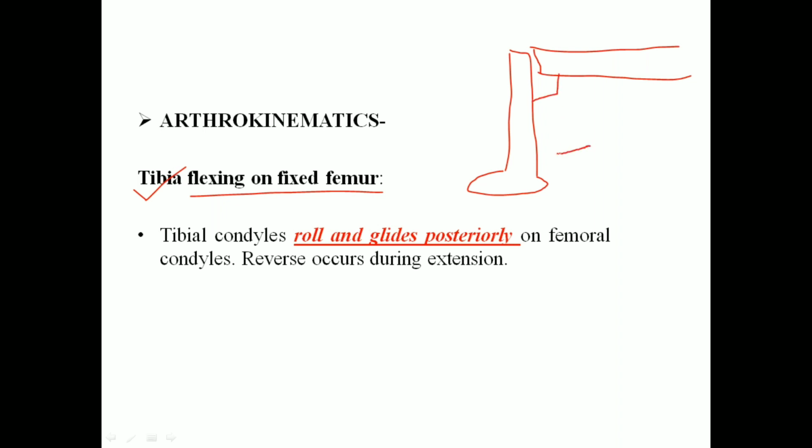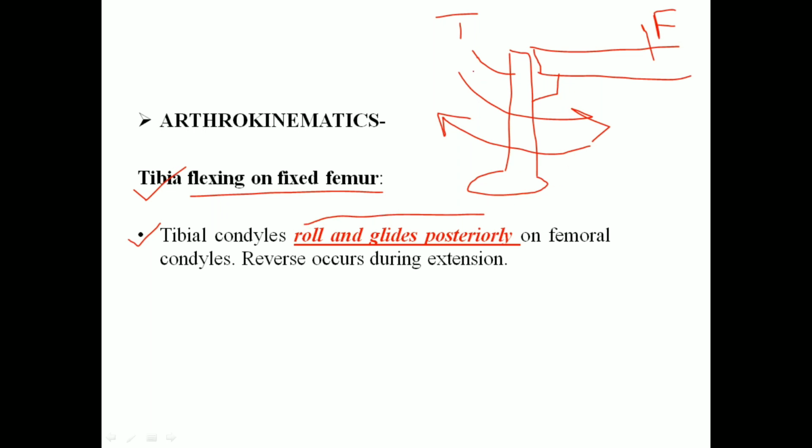From here the person is going to do the extension or flexion movement. So the tibia bone is going to move. This is our tibia and this is our femur bone. So the tibia is going to move here. Now when the tibia is moving on the fixed femur, the roll and glide will be in the posterior direction.